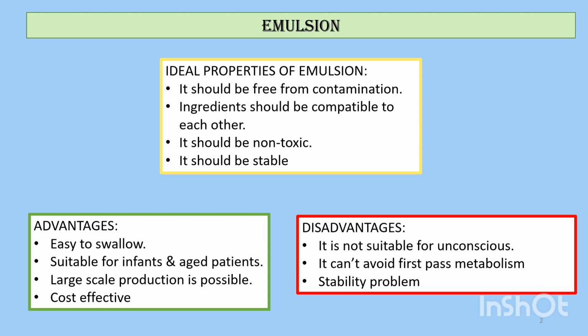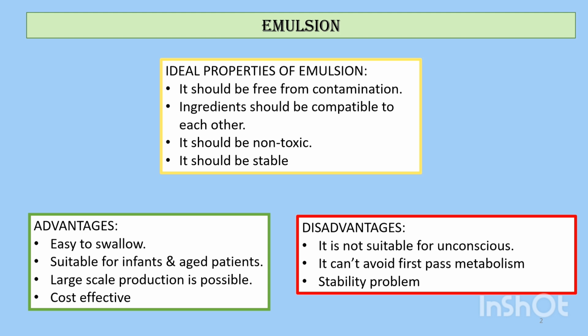There are some advantages of emulsion. That is, they are easy to swallow, they are suitable for patients of all age groups, from infants to geriatric patients also. It is cost effective and large scale production of emulsion is also possible.